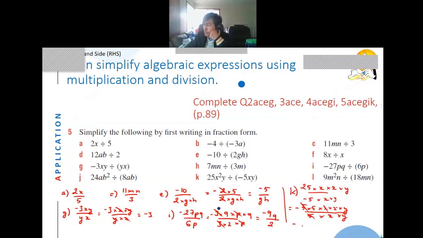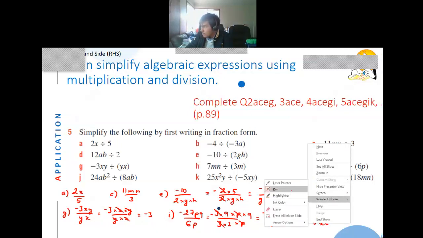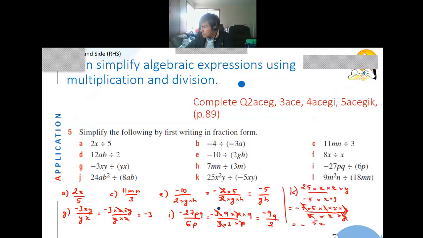So what do we have left? We have a negative, and then at the top, we've got 5x. Oh, aha, I forgot. We also have a y at the top and a y at the bottom. So cancel, cancel. So at the top, we have 5x, so negative 5x, and then at the bottom we've got nothing. So that's just it, negative 5x.